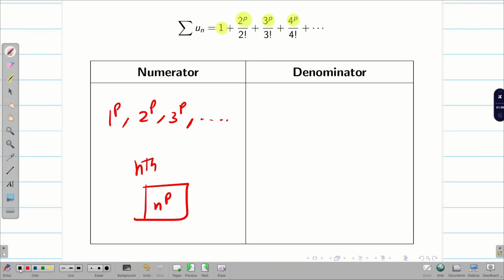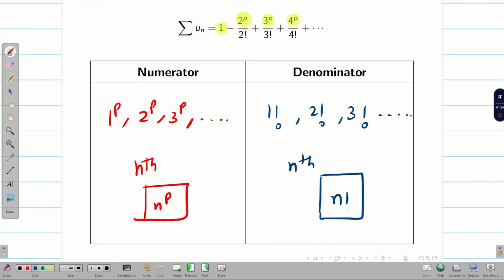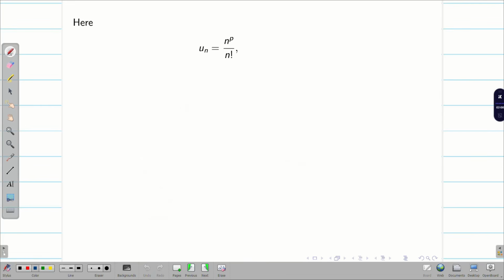Similarly, for the denominator: first term 1 factorial, second term 2 factorial, third term 3 factorial, etc. So my nth term in the denominator is going to be n factorial. So my nth term is n power p divided by n factorial.